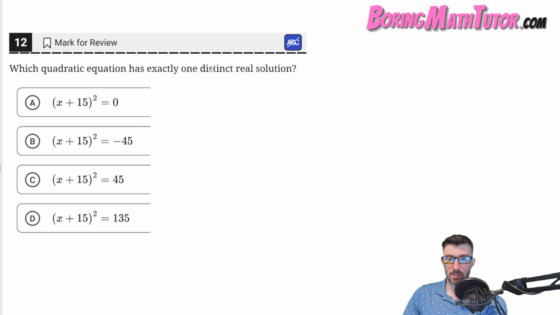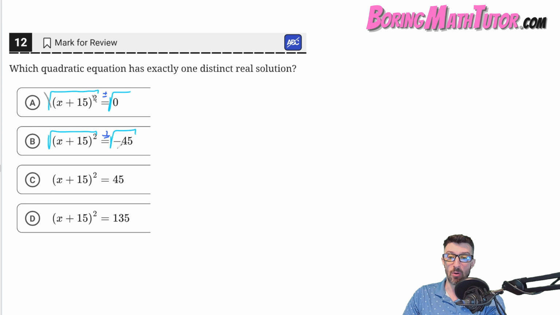When you're solving these and you're looking for just one real solution, you would start off by taking the square root. That'll cancel out the square. But then you would also always want to put your plus or minus. Now, when I'm doing this on the second answer choice, I'm not going to get one real solution.